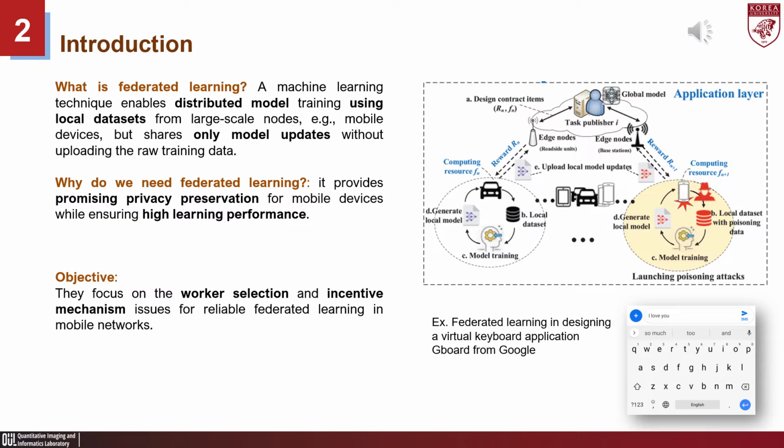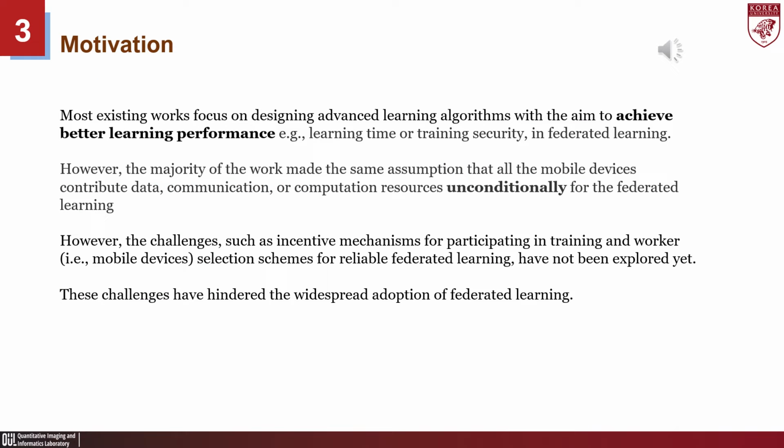About the motivation for the work, most existing works focus on designing advanced learning algorithms with the aim to achieve better learning performance, learning time, or training security in federated learning. However, the majority of the work makes the same assumption that all the mobile devices contribute data, communication, or computational resources unconditionally for federated learning.